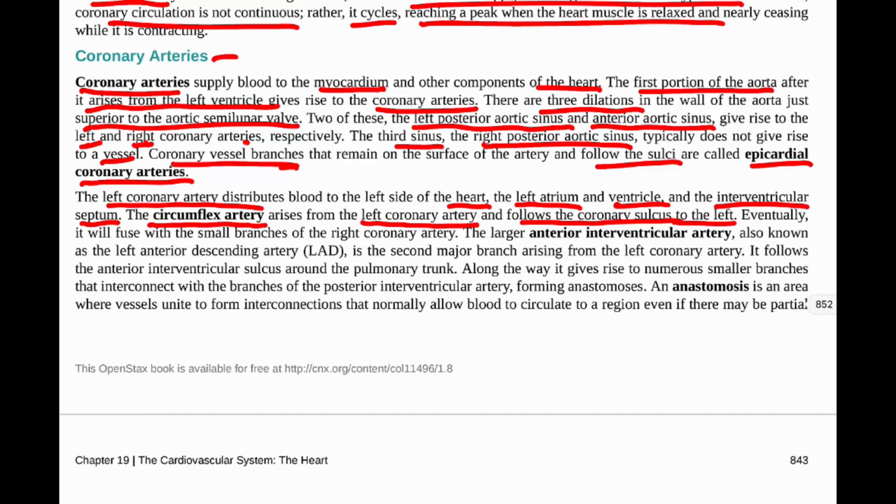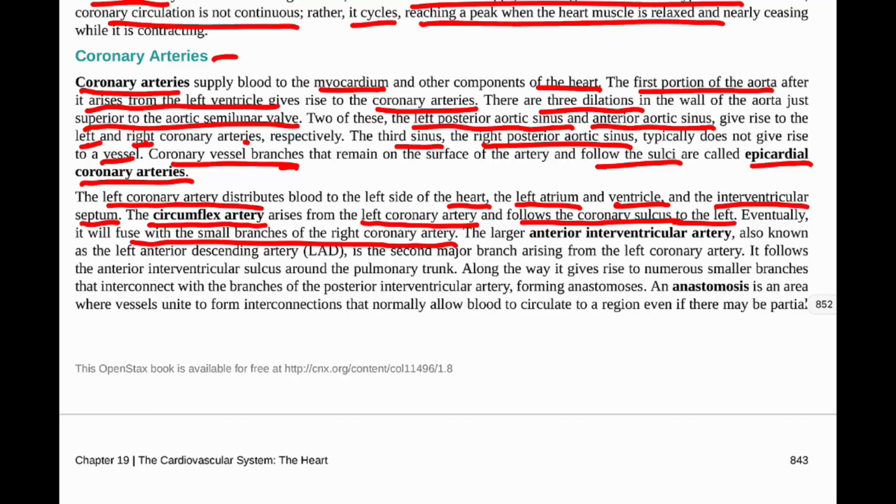It starts from the left coronary artery and then follows that coronary sulcus around the heart to the left. Eventually, it will fuse with the small branches of the right coronary artery. So it goes around the heart and then meets up with the right side, all the way on the underneath side, posterior.